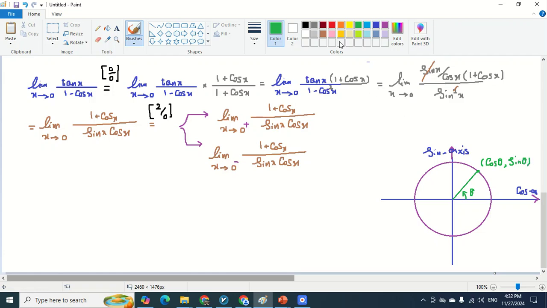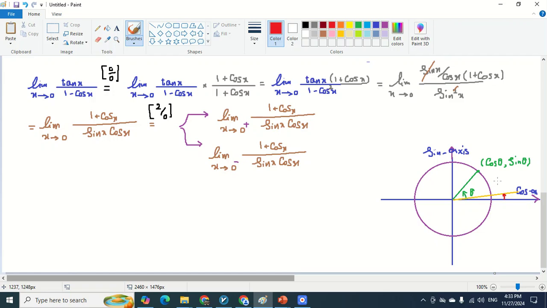And as you can see over here, if we consider one ray over here, with 0 plus, it means that it's very close to 0 but greater than 0. So this value over here is theta, and this theta is 0 plus.